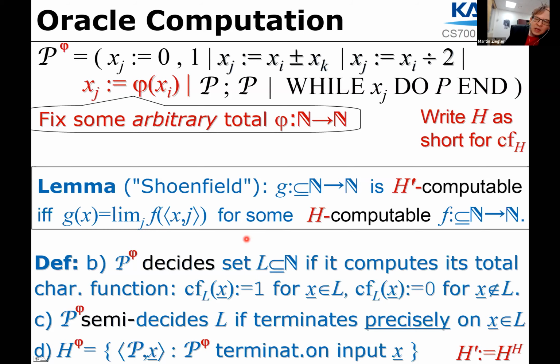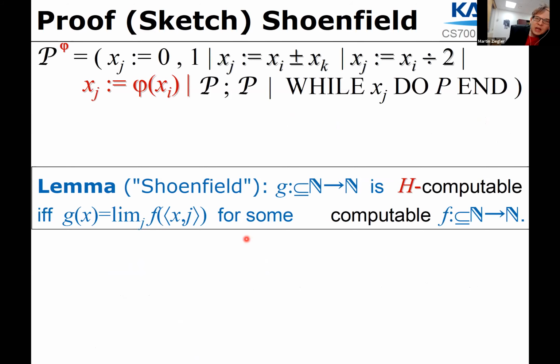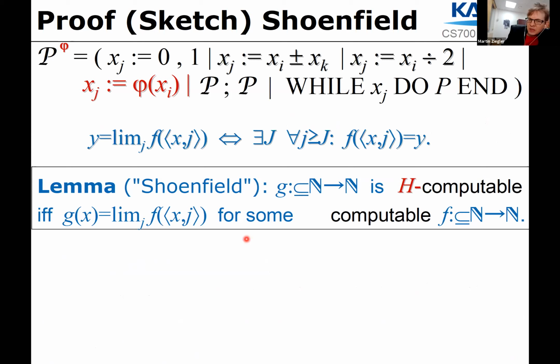I already mentioned one direction, namely what does it mean for y to be the limit of this sequence? It means that the sequence eventually becomes constant with value y, and that means there exists a capital J so that for all sufficiently large indices small j, sufficiently large meaning having value at least capital J, the function value is constant, stagnates, is equal to this initial y.